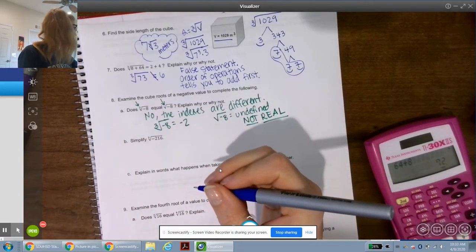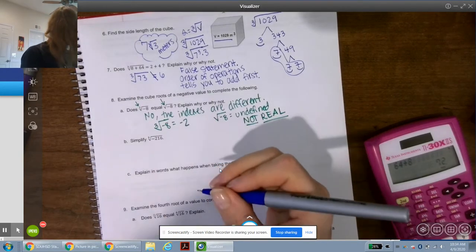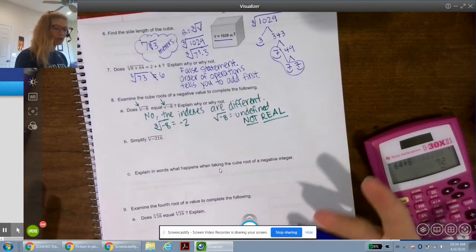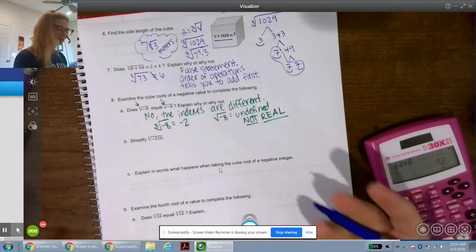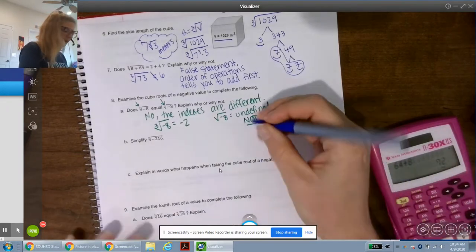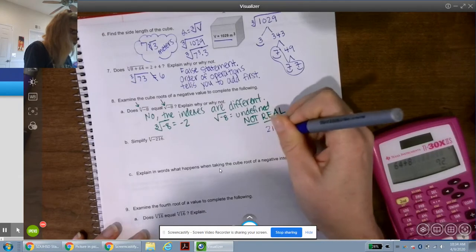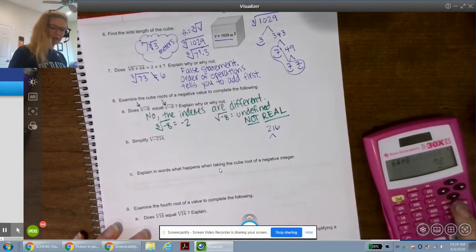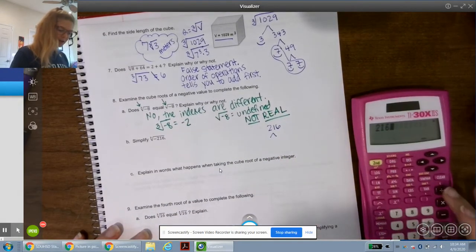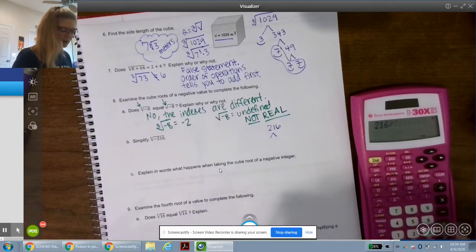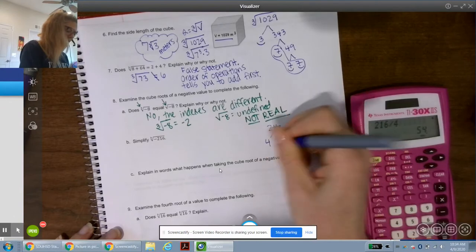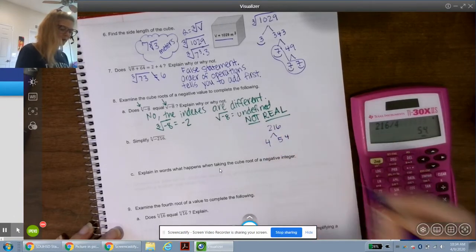216. Well, maybe you've been working enough with these to already know what the cube root of 216 is, but maybe you don't. And if you don't, that's fine. You can always make a factor tree. And so 216, if I'm thinking about 216, I know that 4 will work. 4 and 54.